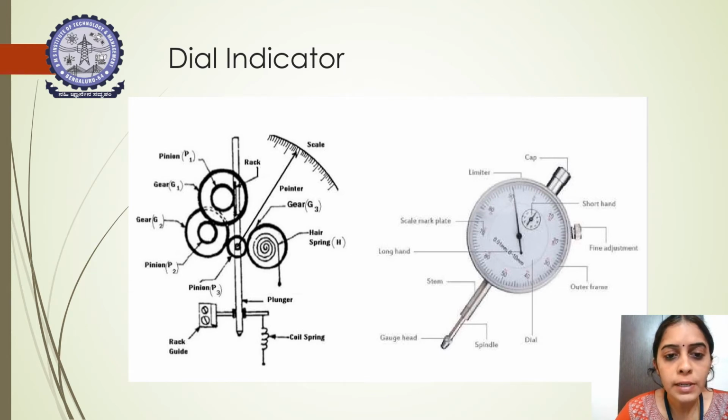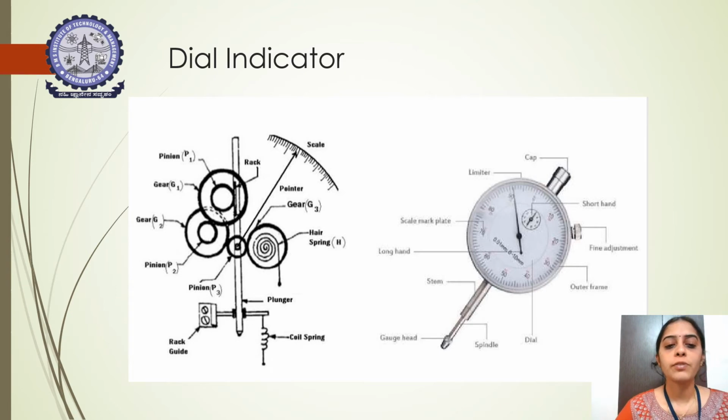Here there will be a rack and pinion arrangement within the comparator. Due to this movement, the rack and pinion mechanism will help in moving the pointer towards the right or the left. This is the mechanical means we were talking about, by which the movement of the stylus is magnified: the rack and pinion mechanism.